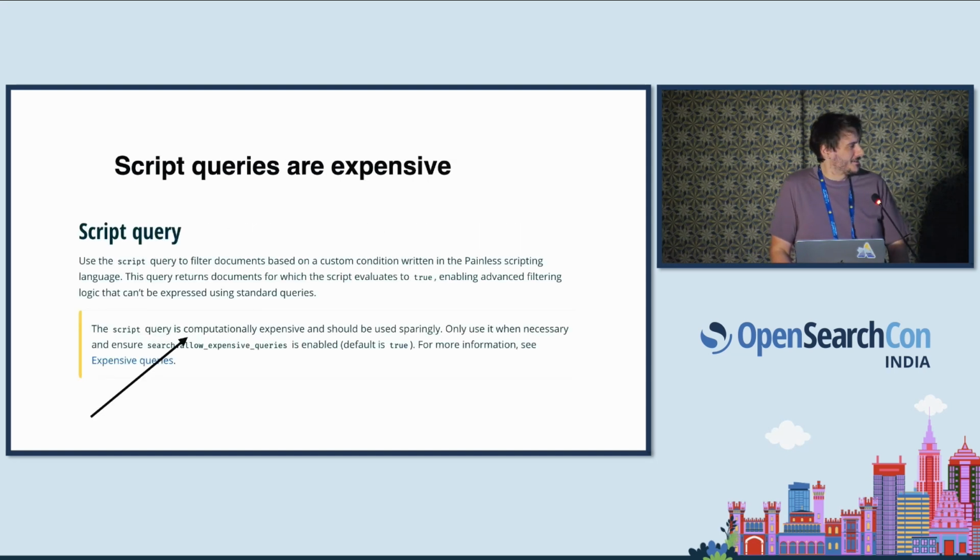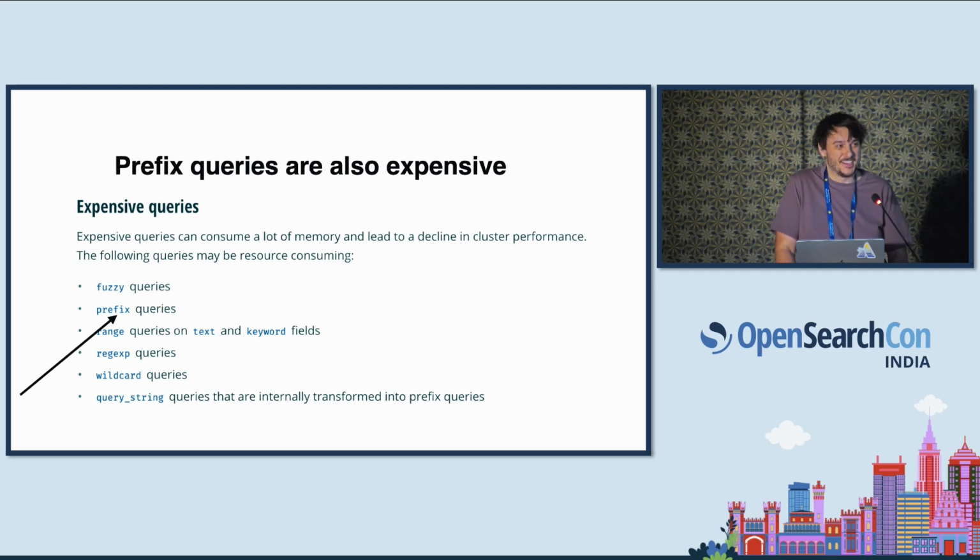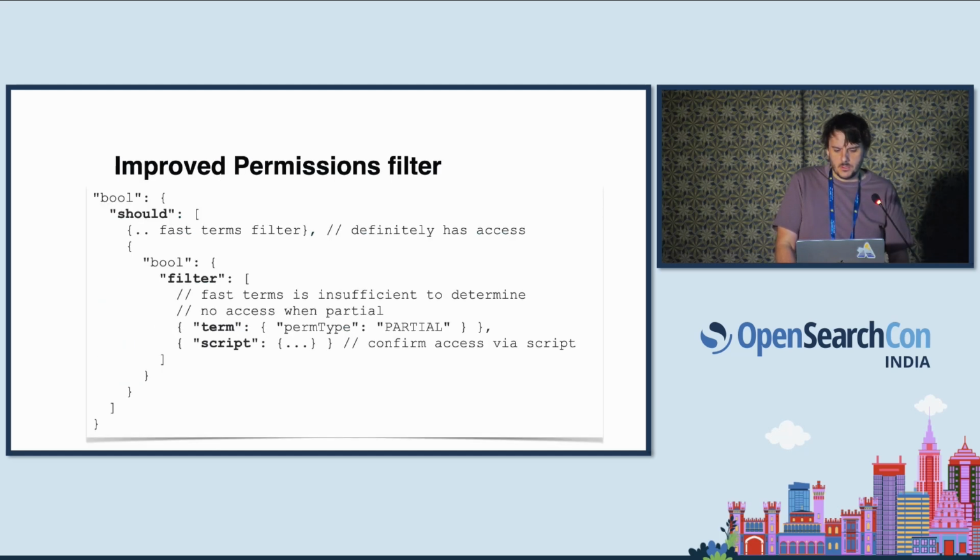So a couple of things to call out. Documentation clearly says that script queries are expensive and you shouldn't use them. It also says the same thing for prefix queries. You hopefully see where our problem was occurring. But then we looked at how we can improve the query. It turned out that this case of really complex permissions, where we needed to fall back to the scripts, actually had a very small surface area.